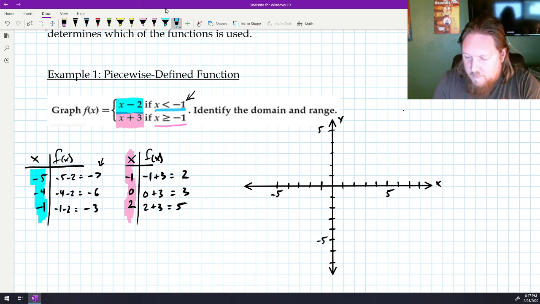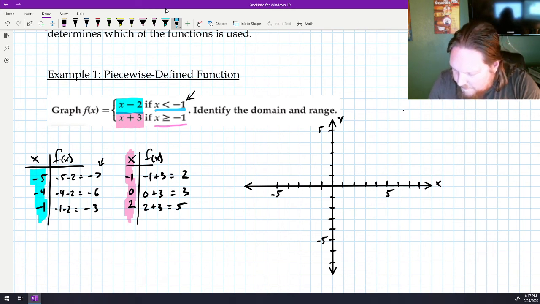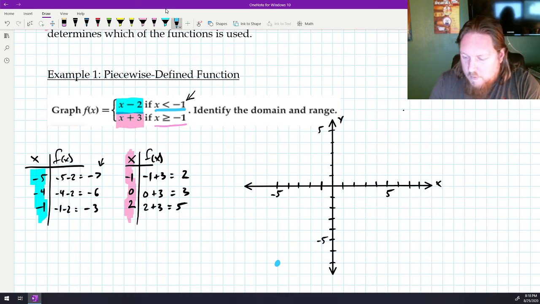Negative 5 for the x went into the function x minus 2, and it goes down to negative 7. Negative 4 is in the blue function, it goes to negative 6. Negative 1 is in the blue function, and it goes to negative 3. Now here's a very important thing about this problem.